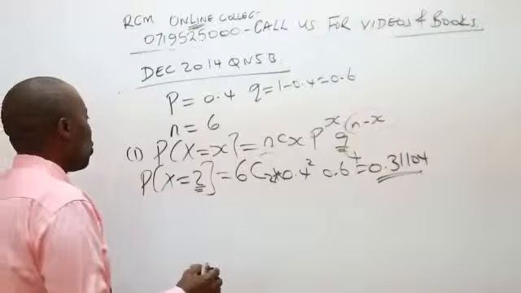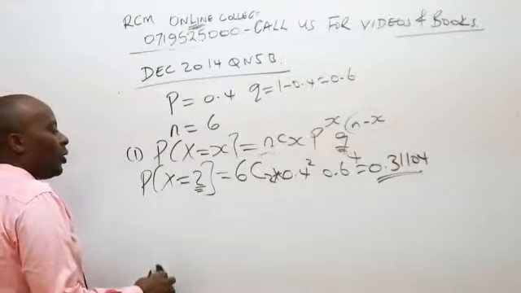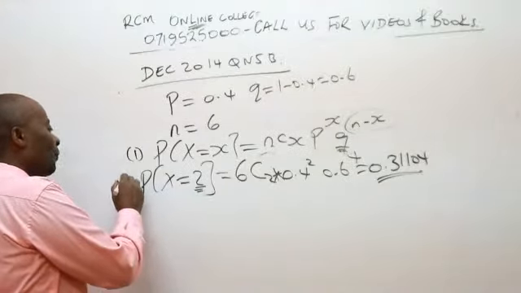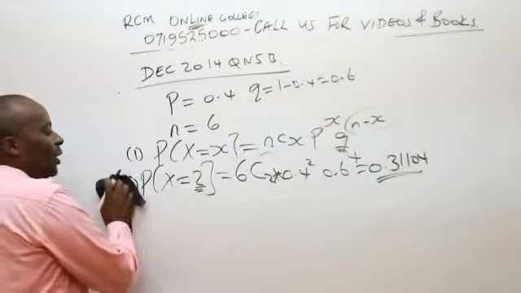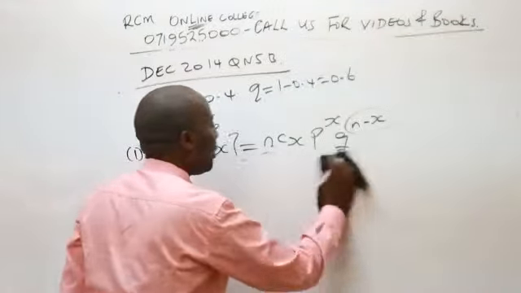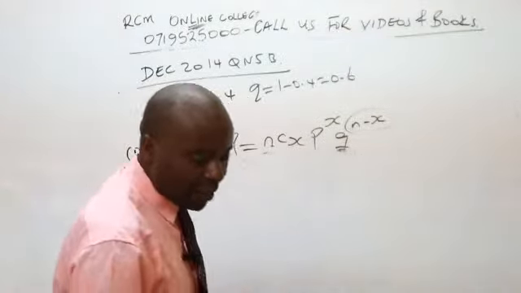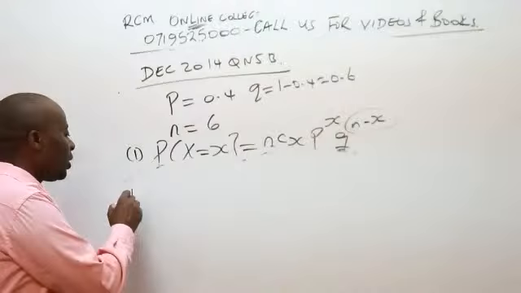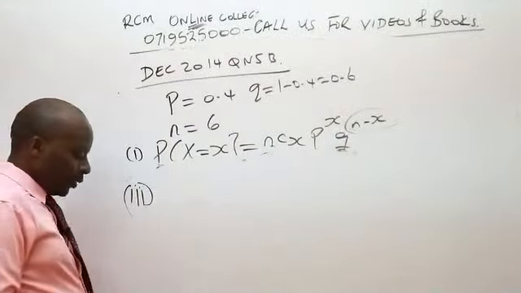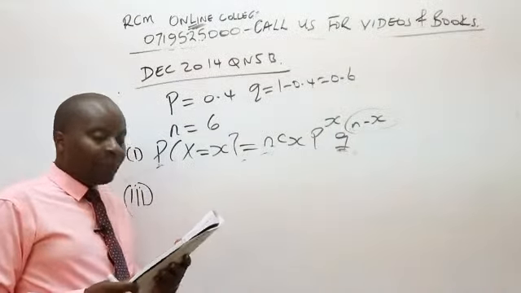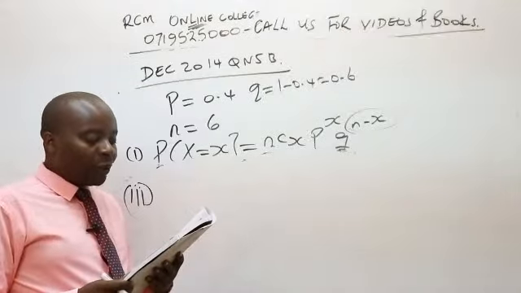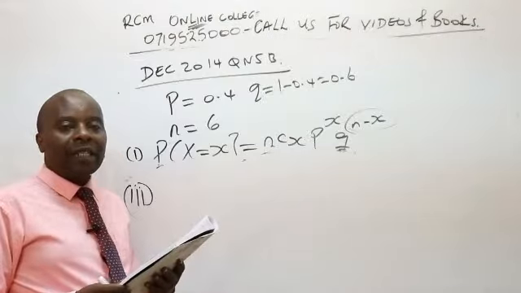Now we go to Roman 3. Under Roman 3, what we have is quite interesting. They want us to give the probability that at most 2 households were affected by the pandemic.